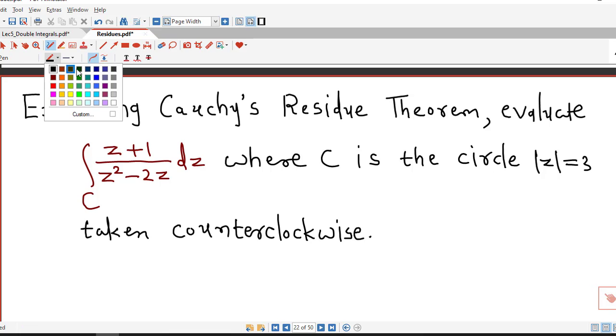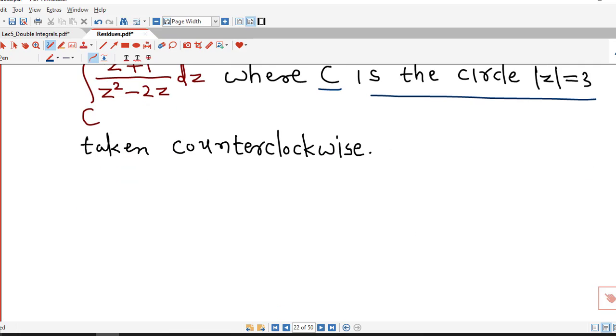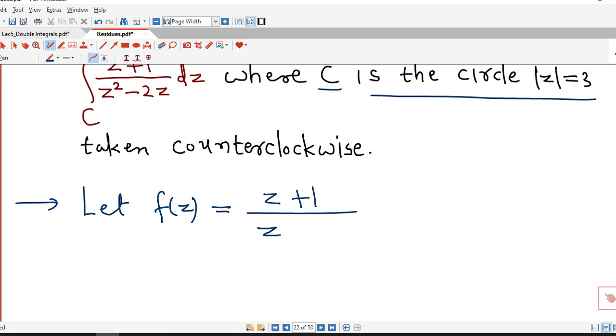Here we are asked to find this complex integral using Cauchy's residue theorem, and the contour C is the circle mod z equal to 3, that is, the circle with center 0 and radius 3, and the function is z plus 1 over z square minus 2z. So first we write down the given function. Let f of z be z plus 1 over z square minus 2z.